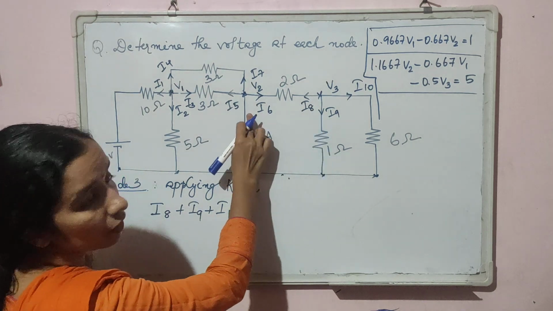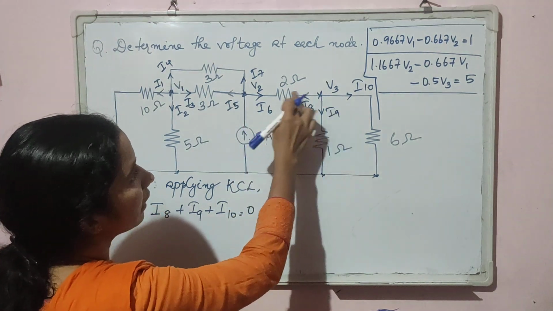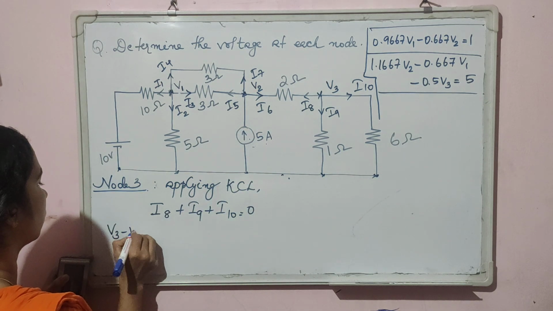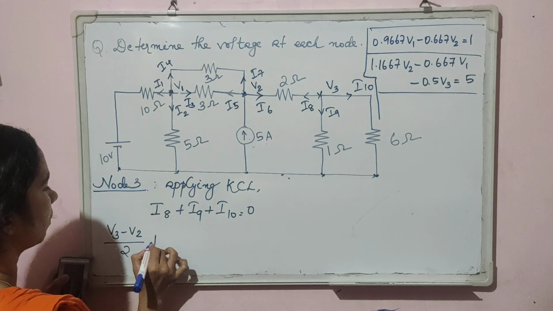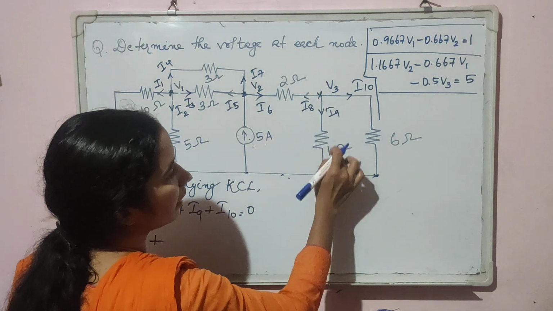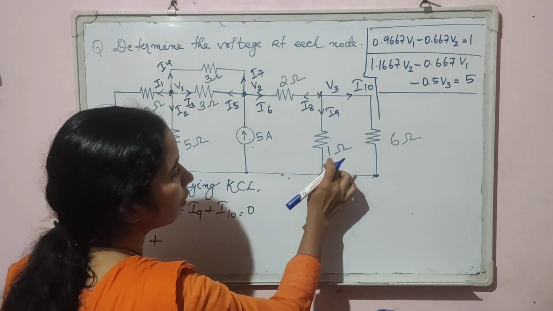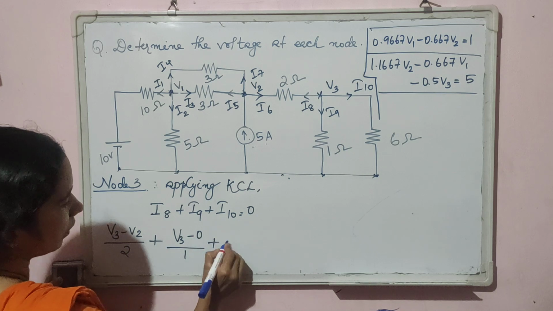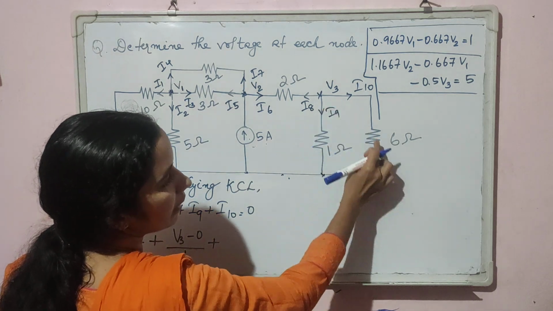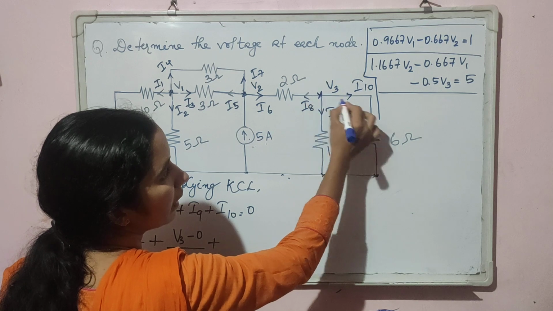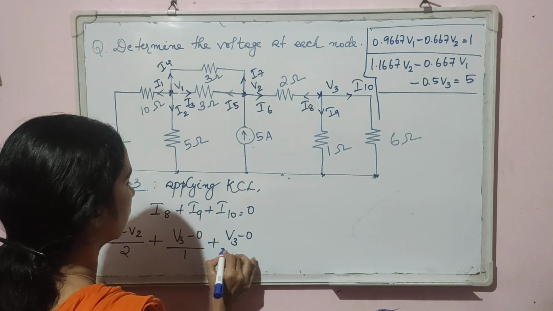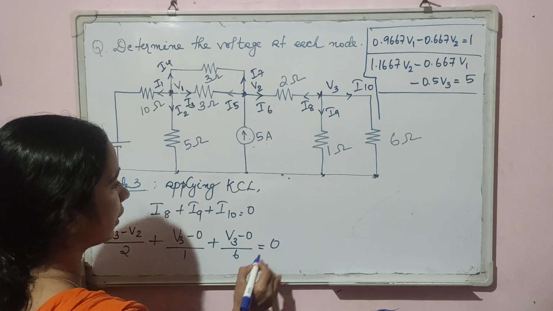So I8 is the current through this branch, V3 minus V2 by 2, plus I9. I9 becomes V3 minus 0 by 1. I10 is the current through this branch, that is V3 minus 0 by 6, which is equal to 0.